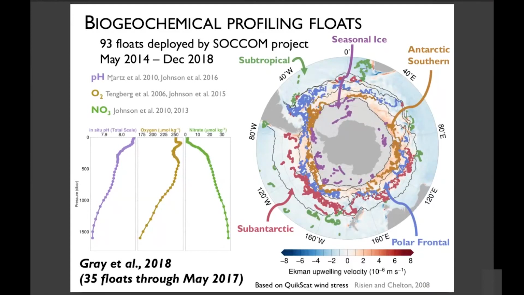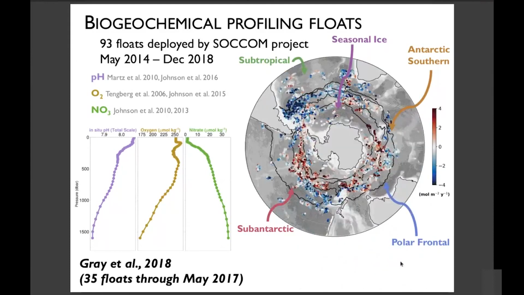That was really what Nancy Williams led. And then using the float-based pCO2 estimate, we can estimate what the surface CO2 fluxes are. So you can get estimates that look something like this. This is showing all the float data.